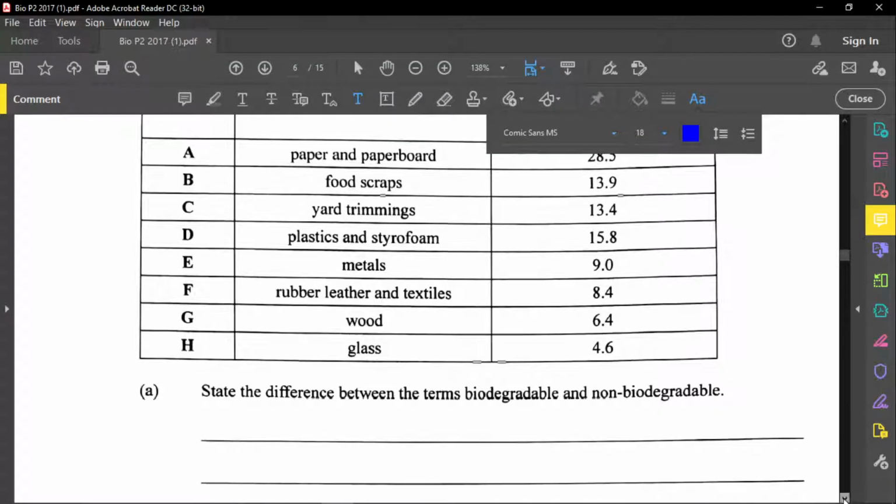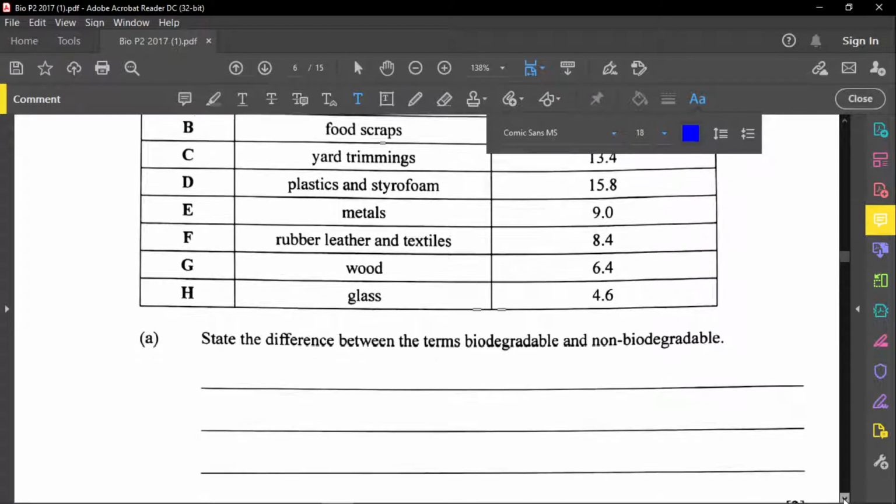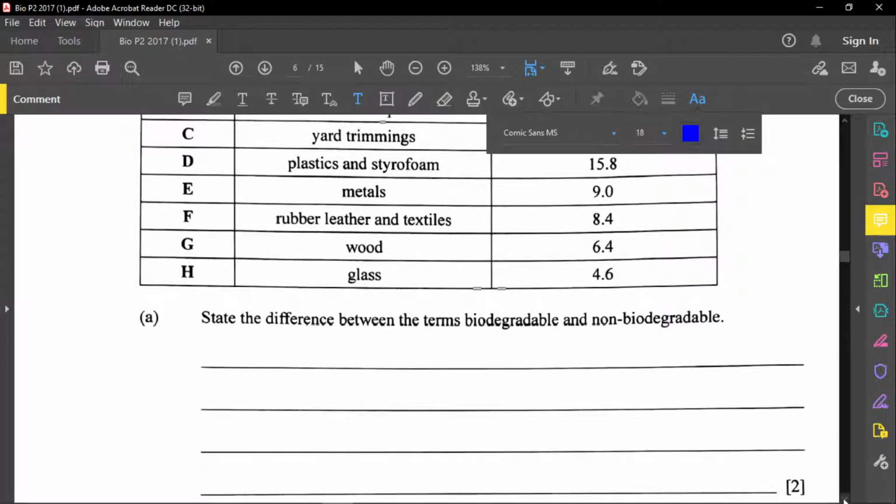Now it says state the difference between the terms biodegradable and non-biodegradable. So let's talk about biodegradable first.